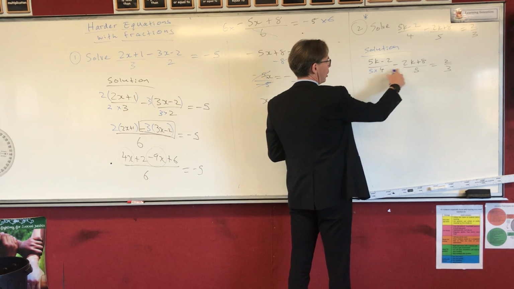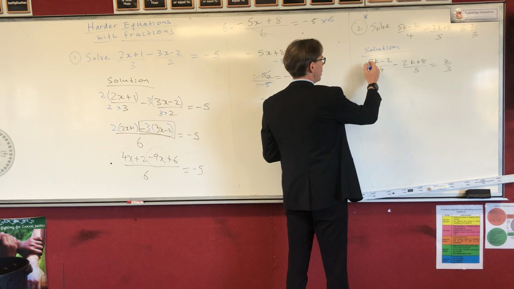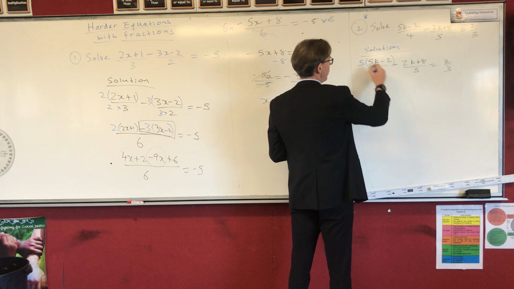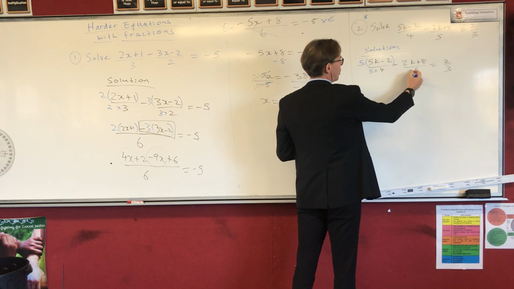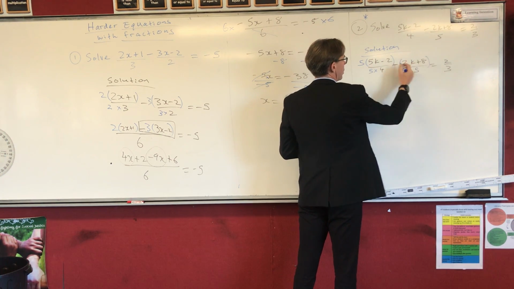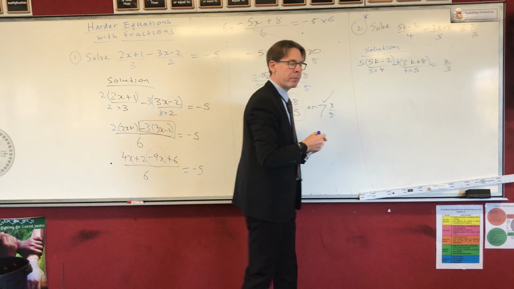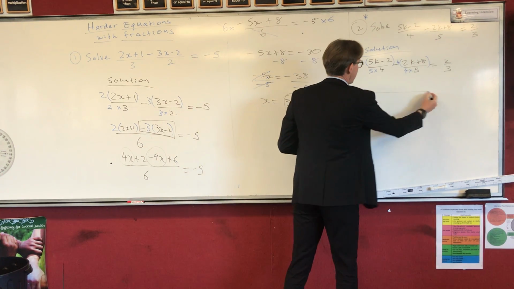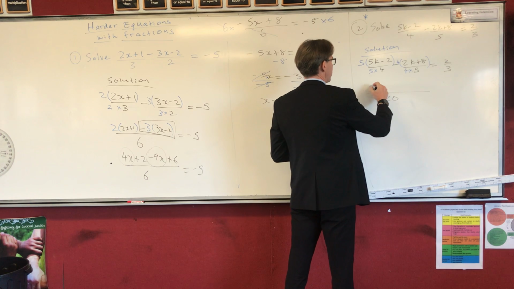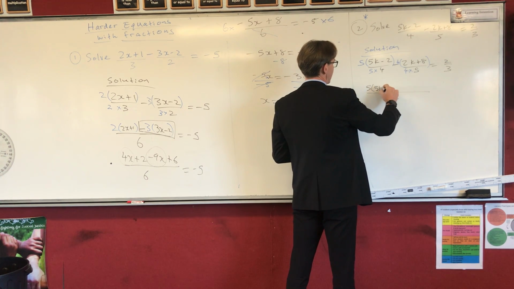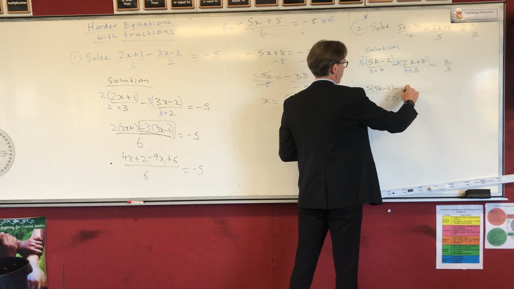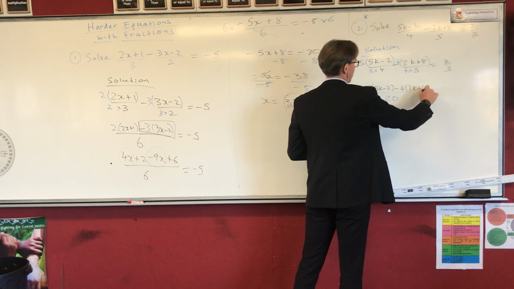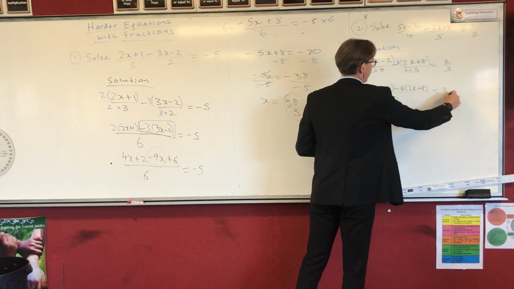So I'm just going to take the denominator and multiply it by this one. Put the brackets around, put the 5. Take the 4 there, times by 4, times by 4. Okay, now that means the whole thing can be over 20. So 5 outside of 5k minus 2 minus 4 outside of 2k plus 8 is equal to 2/3.